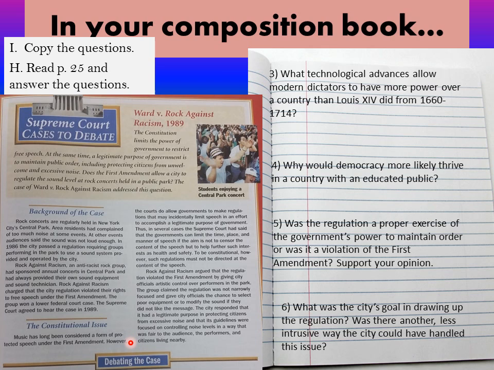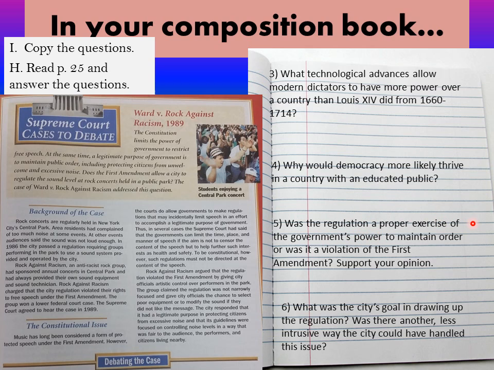All right, so I want you to go back and answer this question. Number 5, was the regulation a proper exercise of the government's power to maintain order, or was it a violation of the First Amendment? So you choose, and then you support your opinion. Was the government maintaining order?